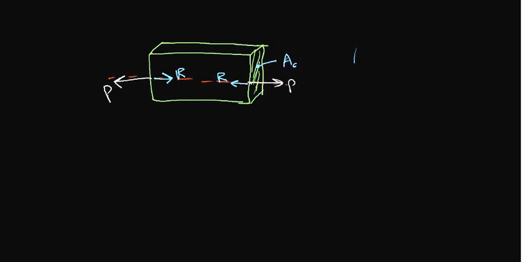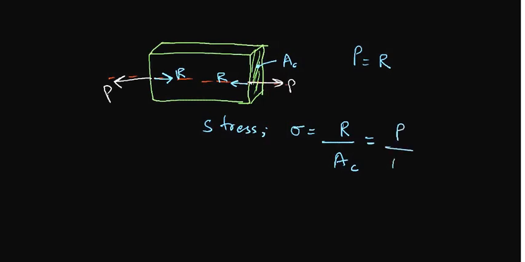As you can see from the equilibrium, P is equal to R. So stress mathematically can be given as resistance per unit cross section area, where the resistance offered by the material in this case is equal to the load applied onto the material divided by the cross section area. So this is the mathematical definition of stress.